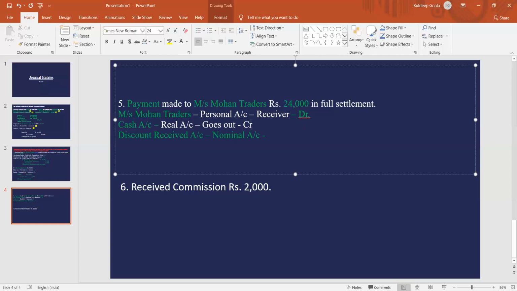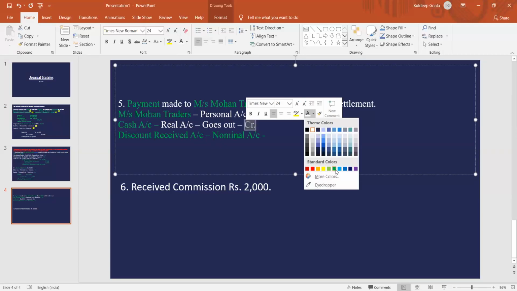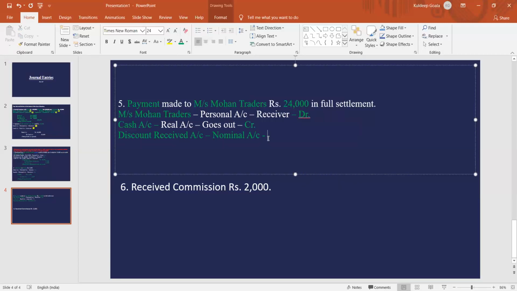So going out, it will be credit. Is it clear, everyone? Going out will be credit. So what will be the outcome of that? Cash account is going to be credited. Clear? Now comes the discount received account.